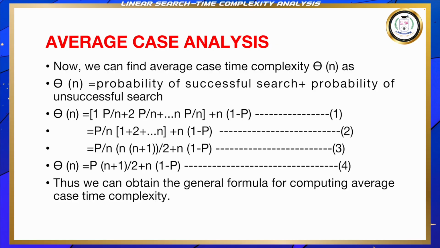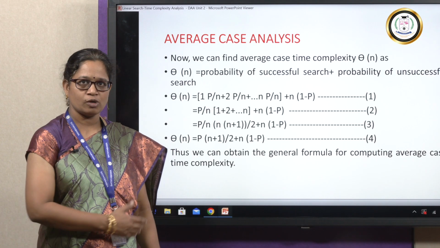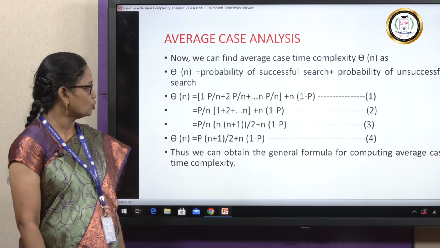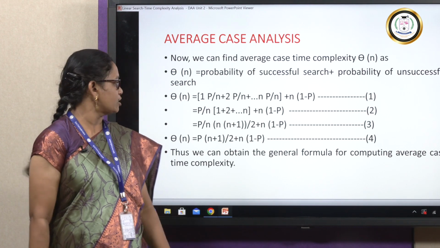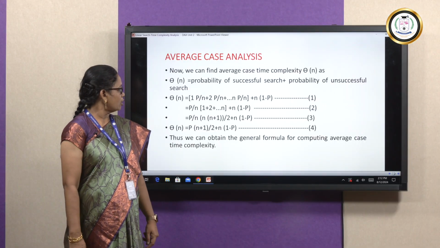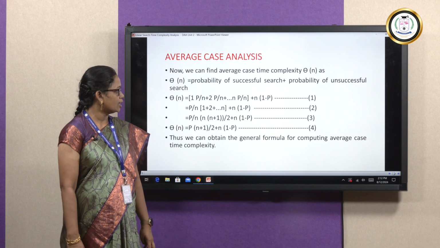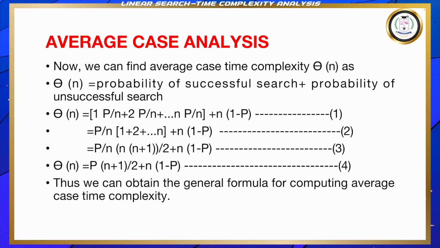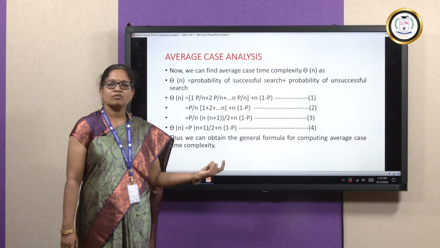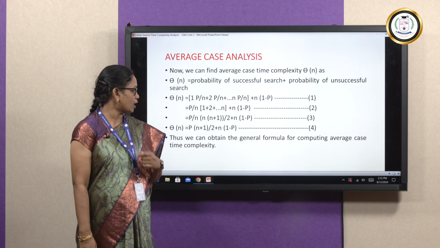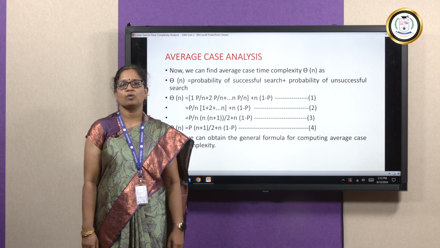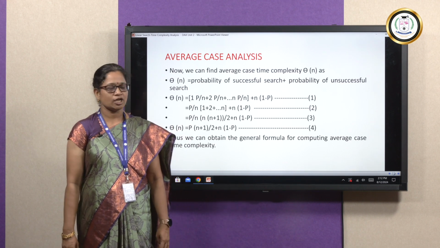The formula for the same is n into n plus 1 by 2. Write that formula, n into n plus 1 by 2, plus n into 1 minus p. Here you can cancel the n terms. So in the fourth equation you get p into n plus 1 by 2 plus n into 1 minus p. This will be the general formula for computing the average case time complexity of the linear search algorithm.